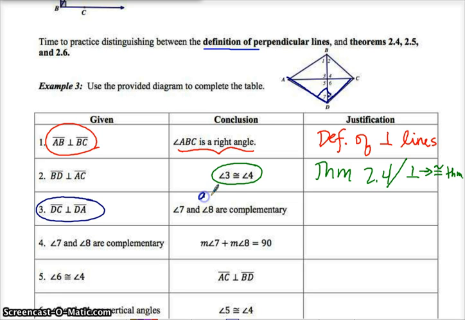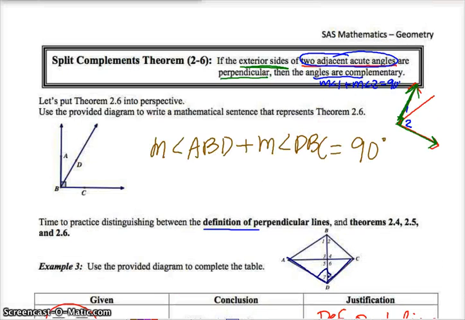They are adjacent acute angles. And if they're adjacent acute angles, hopefully you're thinking of the split complements theorem, which said what? It says if the exterior sides of two adjacent acute angles are perpendicular, then the angles are complementary.